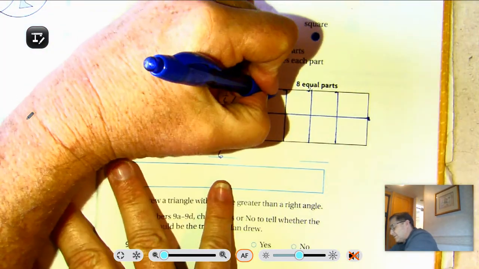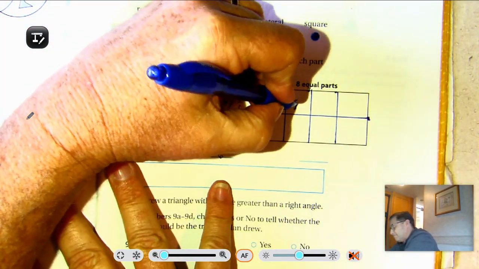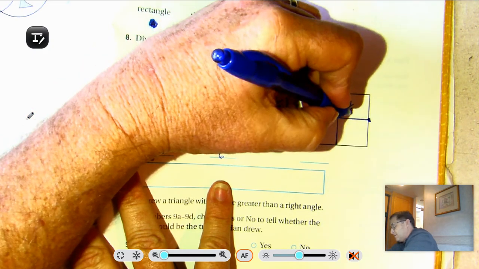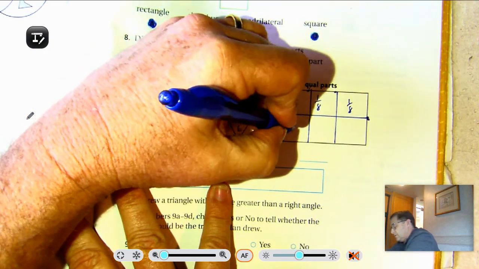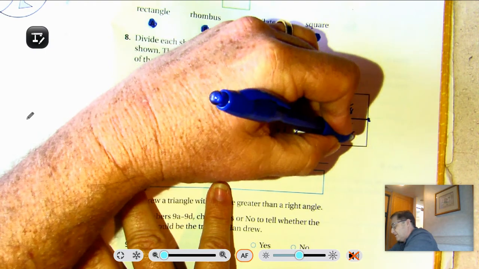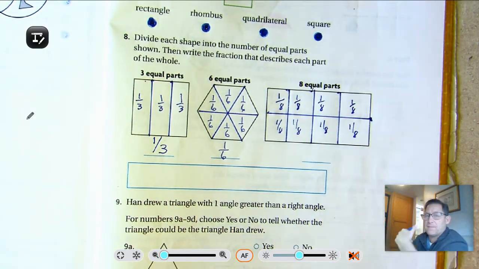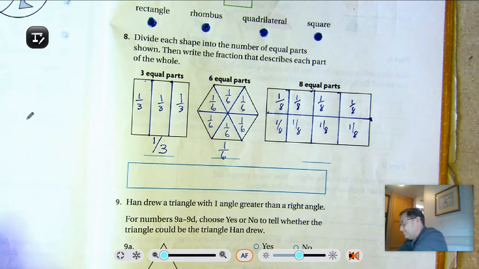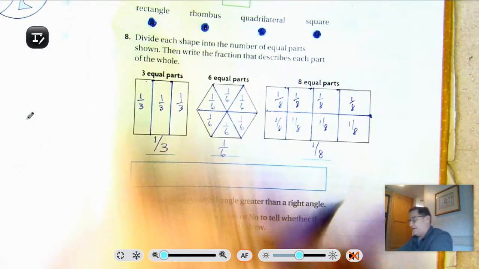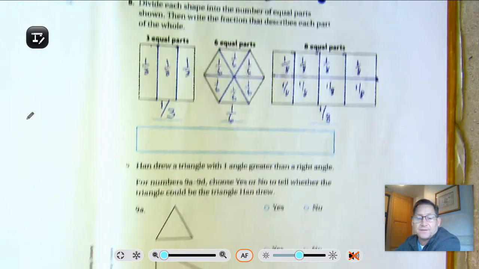Eight equal parts. I probably could have gotten a little closer to exactly equal. My last line makes this look longer than it should be. Okay, but the idea is there, and each part is 1/8.